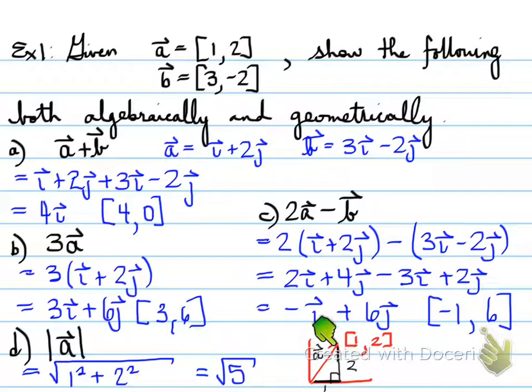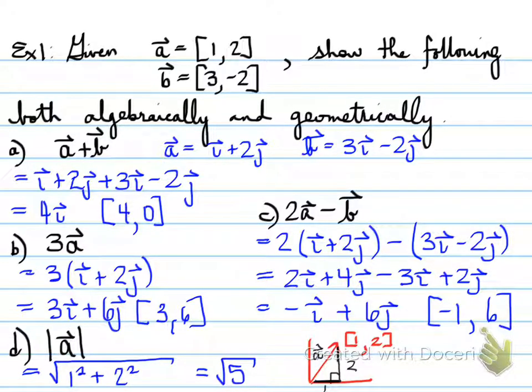The reason why is if you think about vector A, it has the components 1, 2 going from the origin. You go right 1, up 2 to get to the end of the vector. Well, we can create a right triangle, and literally it's like doing the Pythagorean theorem.